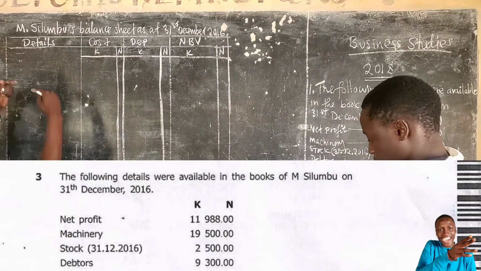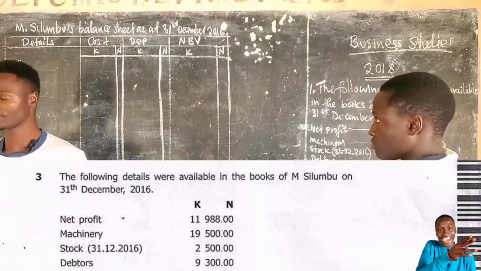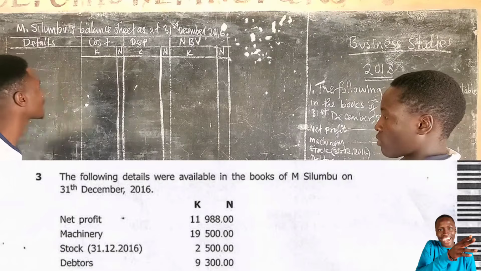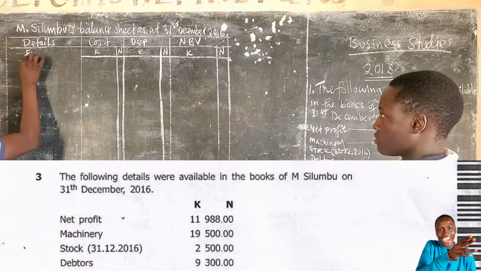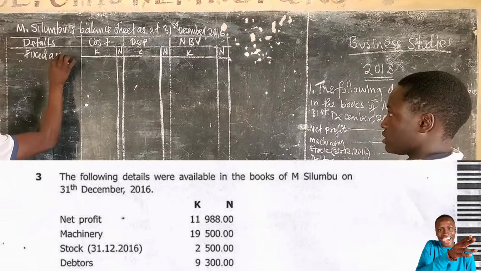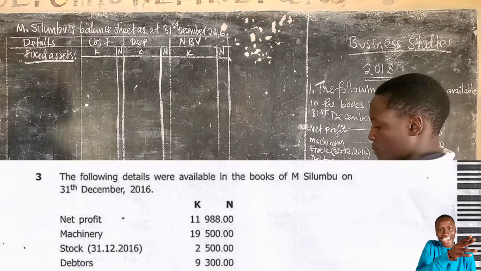So what are the first items we need to write in the balance sheet? Fixed assets. So here I'll just write the heading as fixed assets. Underline nicely.